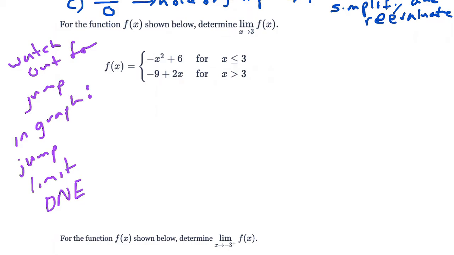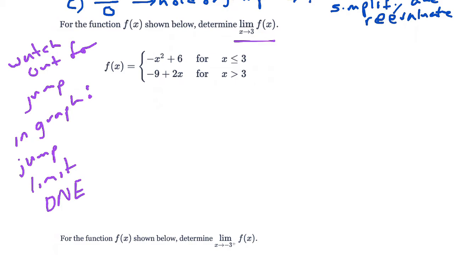Remember, but if you have an analytical thing, the first thing we're going to do is just plug in the value. Because if we're trying to figure out the limit as x approaches 3 of f of x, we have to evaluate two different things.